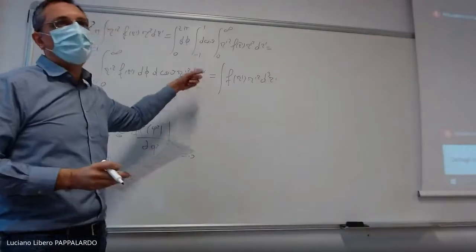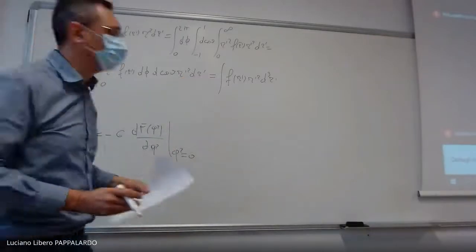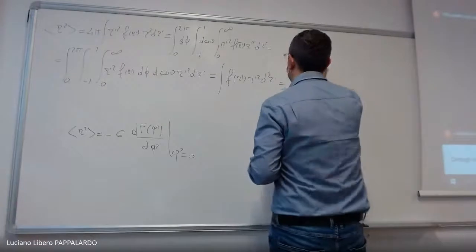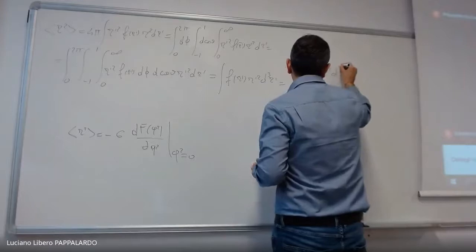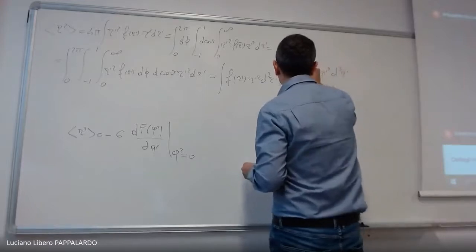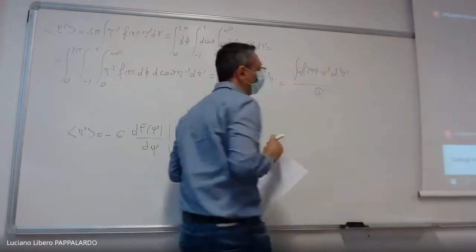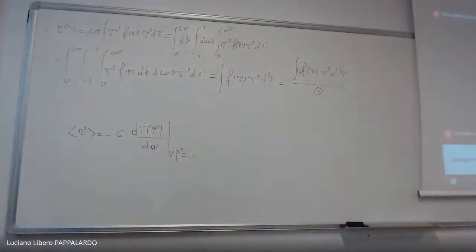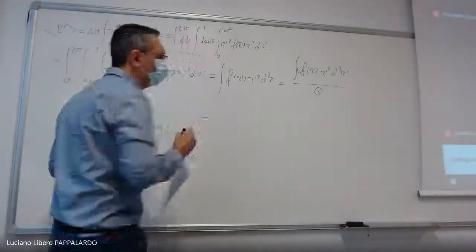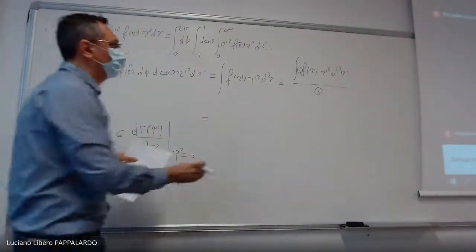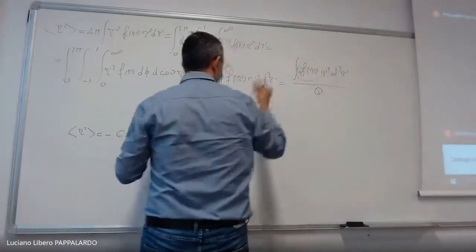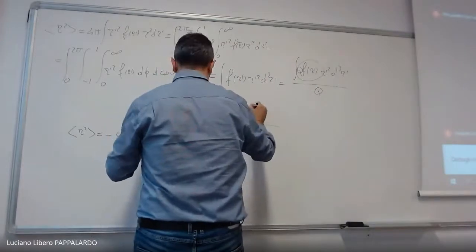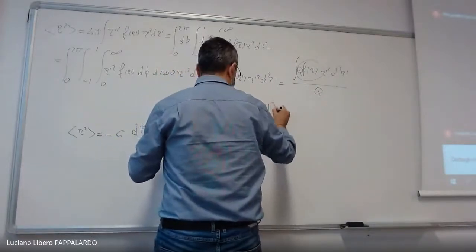And now we can multiply and divide by the total electric charge. So this is f(r') r' squared d cubed r' times capital Q divided by capital Q. And as we've seen before, when we introduce the normalization of the spatial distribution of the capital Q, we can write the numerator as our charge density, so it's rho of r' times r' squared d cubed r'.